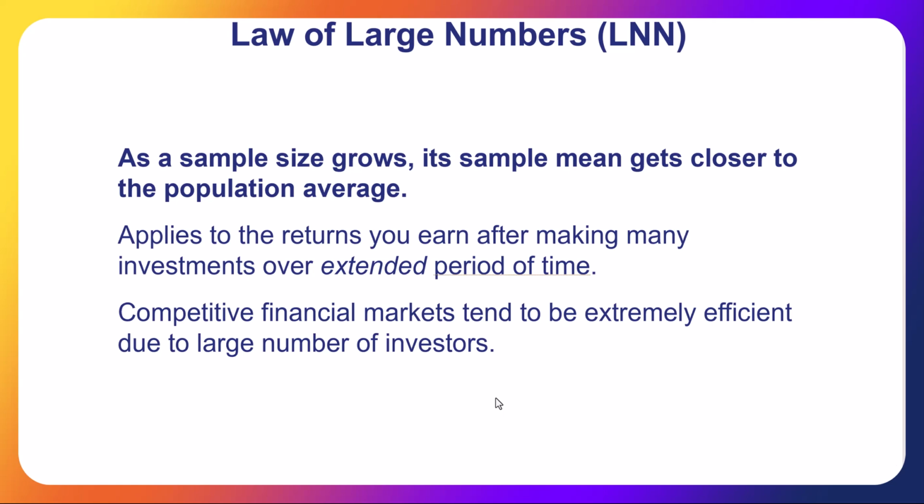So competitive financial markets tend to be extremely efficient because we have many investors thinking about and acting on information. So again, this idea of efficiency implies that information is embedded in the security price.